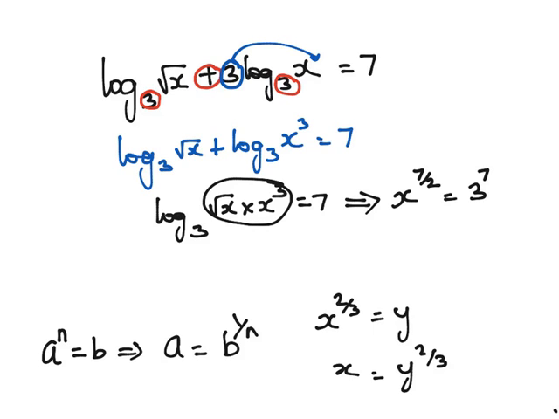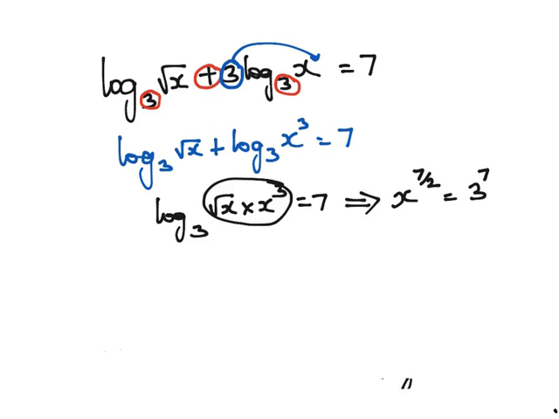So that is what it means. Same way I can use the same rule here. I will get x will be 3 power 7 raised to 2 by 7. So I'll get 3 squared, which is 9. I can cancel 7 and 7. So the value of x is 9 here.